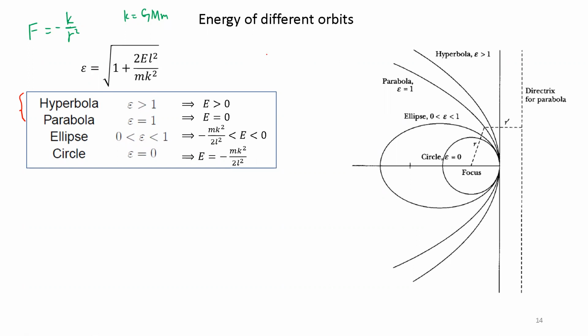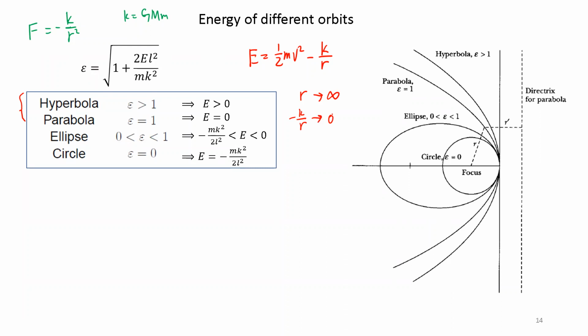Remember that the total energy is given by, of course, KE plus PE. So it's 1/2 mv squared minus PE, which is K divided by R. If E is greater than or equal to 0, what it really means is that if you consider the case where R tends to infinity, the minus K over R potential energy term will tend to 0.